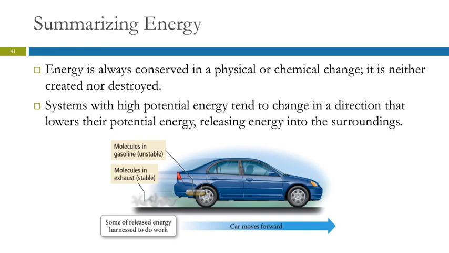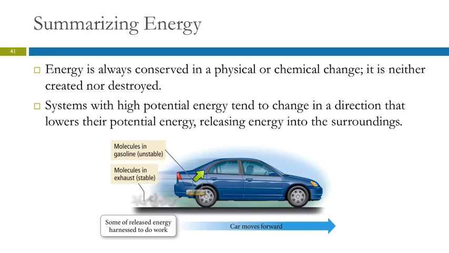So in a physical or a chemical change, energy is always conserved. You don't make energy, you don't destroy energy. Systems that have high potential energy tend to change in a way that causes them to have lower potential energy. That energy that they had gets transferred into their surroundings.